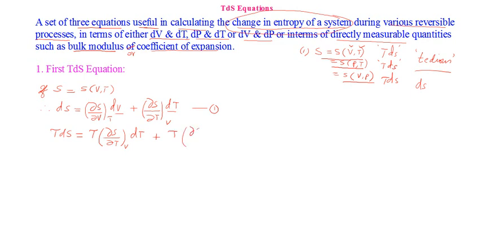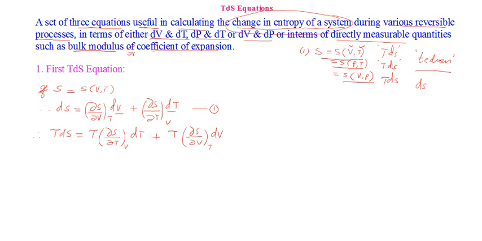I could have done this particular step in the first equation itself, but okay. So dou s by dou V at T dV. I think I haven't missed anything. So I have multiplied by T. Therefore, multiplying by T, this is what happened.